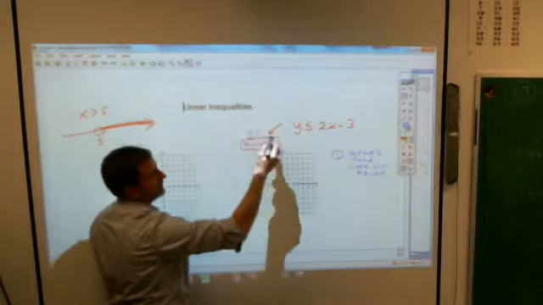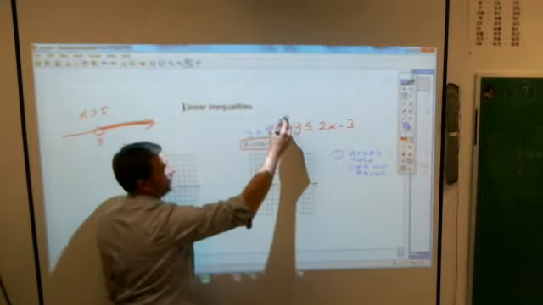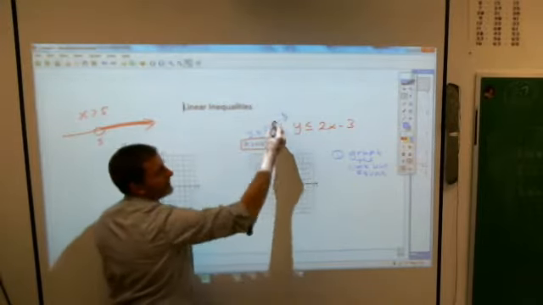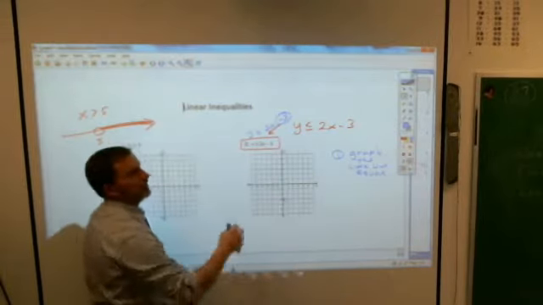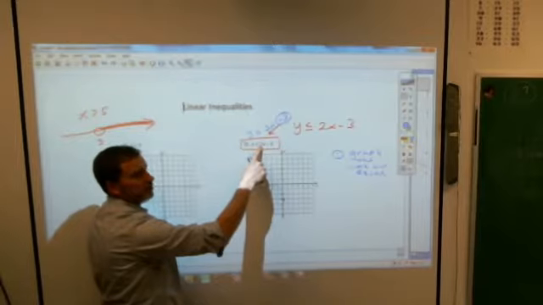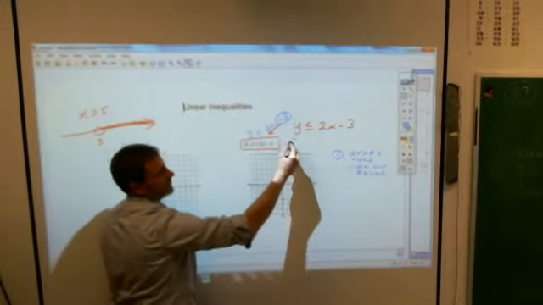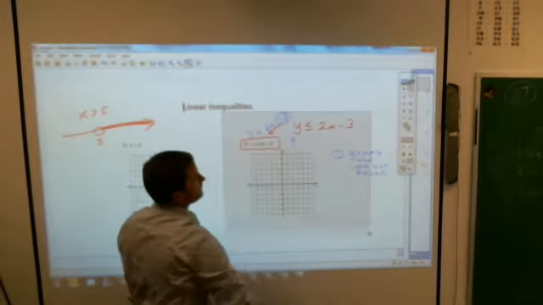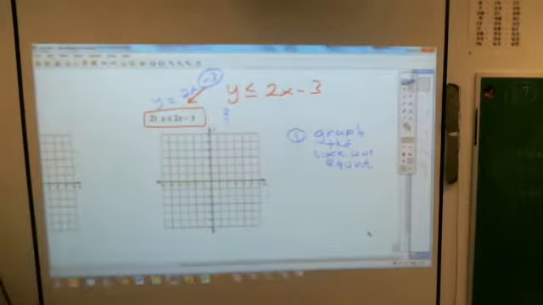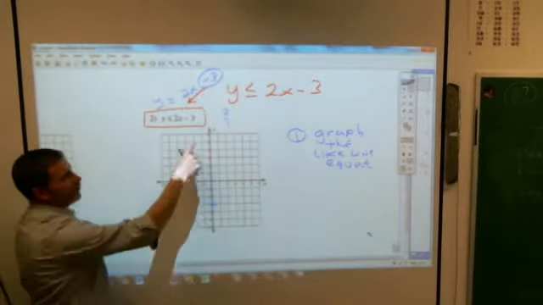If I had y equals 2x minus 3, how do I graph that? This is my y-intercept, -3, correct? 2 is my slope, which means it is 2 over 1. Okay, so from this point, I go up 2 over 1.